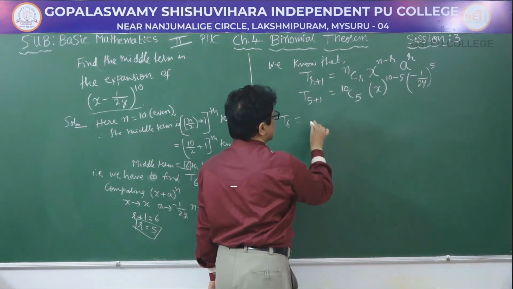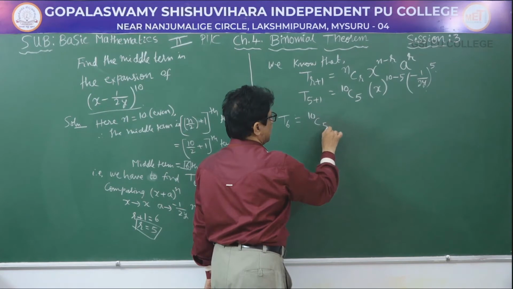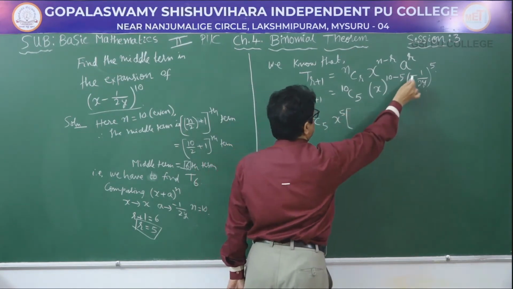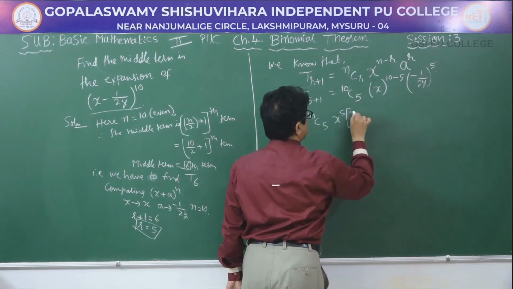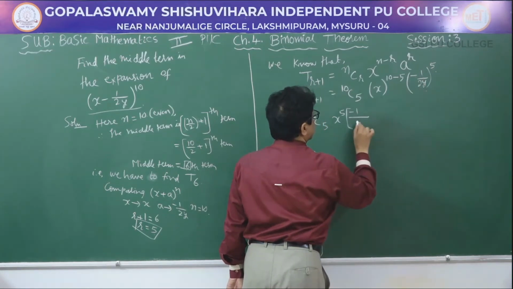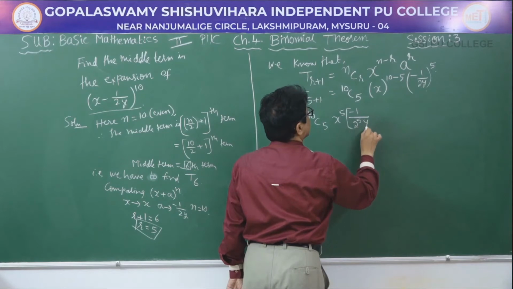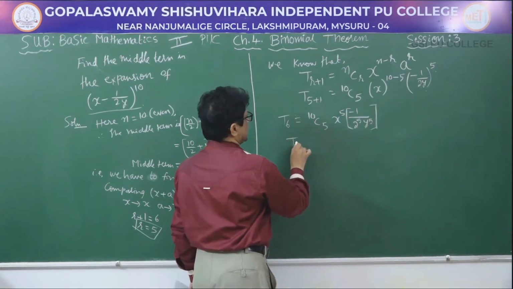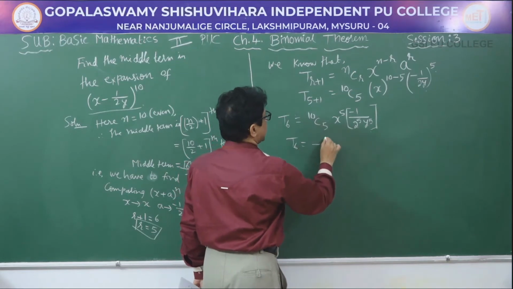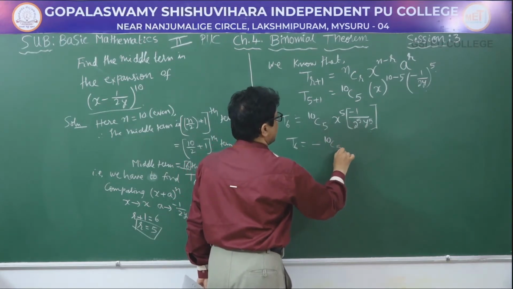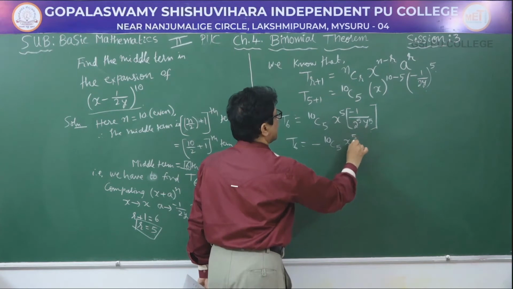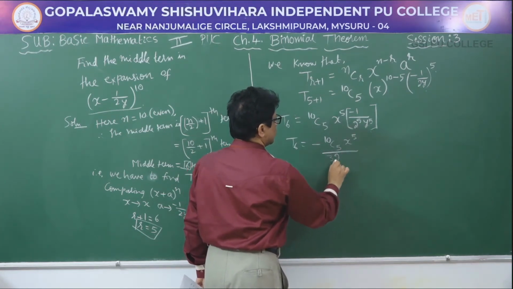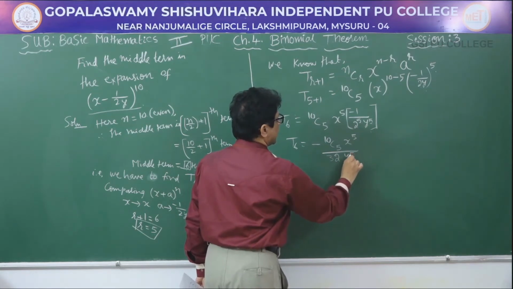So, T6 is equal to 10C5 into x^5 into, minus 1 whole power 5 is minus 1, by 2^5 into y^5. T6 is equal to minus 10C5 into x^5 divided by 2^5 is 32 y^5.